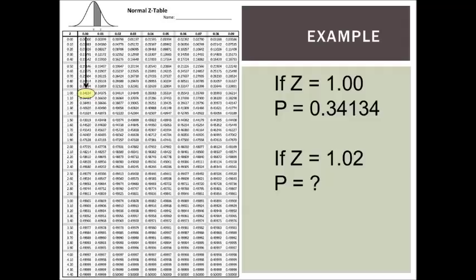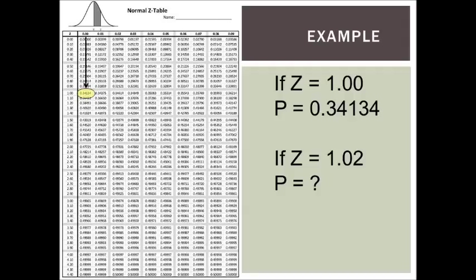Now, if the z value is 1.02, we start there where it says 1.00, but then you see the numbers across the top. The first column represents 1.00, the next column is 1.01, the next column 1.02, the next 1.03, the next 1.04, and so forth.